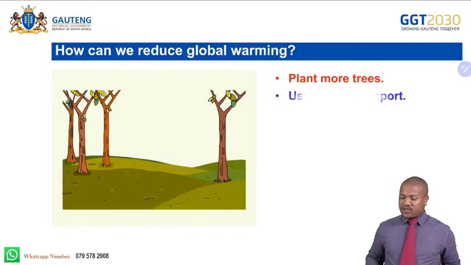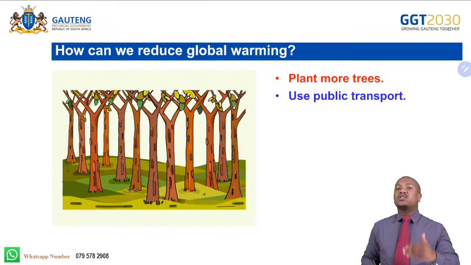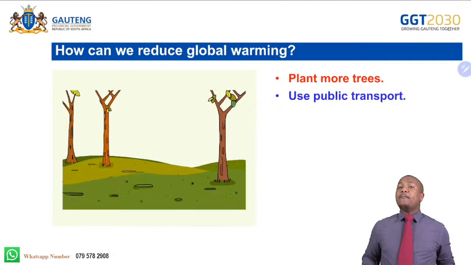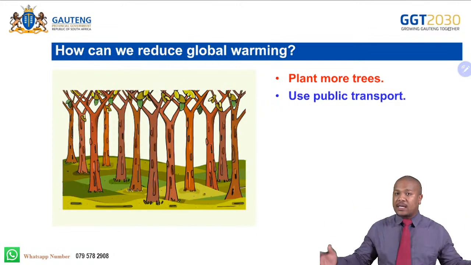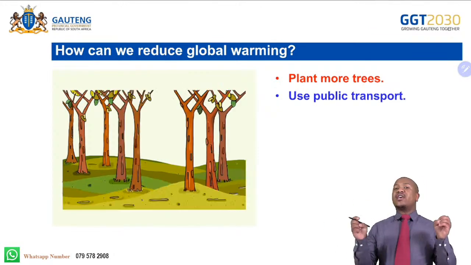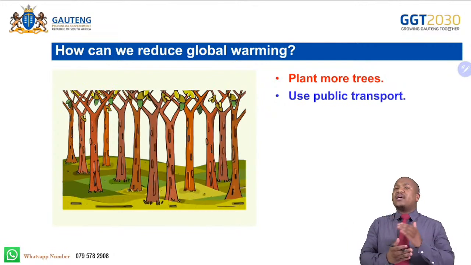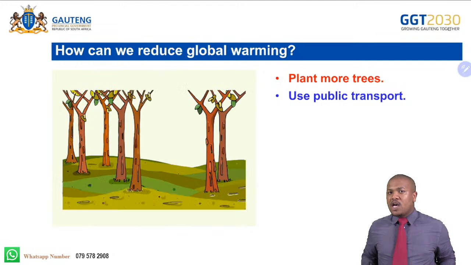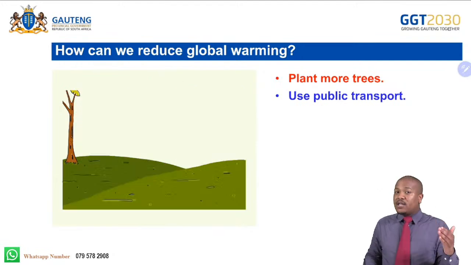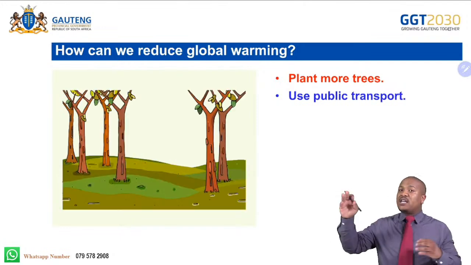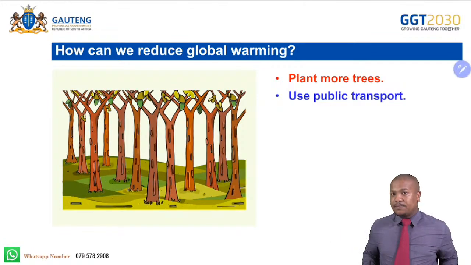And also, the second point, use public transport. Why do I say that? Now, imagine if all of us have cars. And imagine all the gases that are emitted by cars, right? It would lead to global warming in a quick space of time. So if we all use public transport, it means less cars on the road and less cars emitting these greenhouse gases.